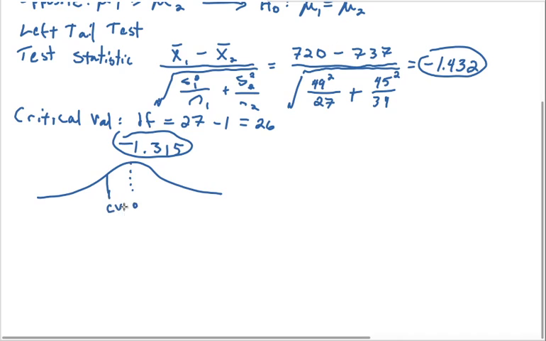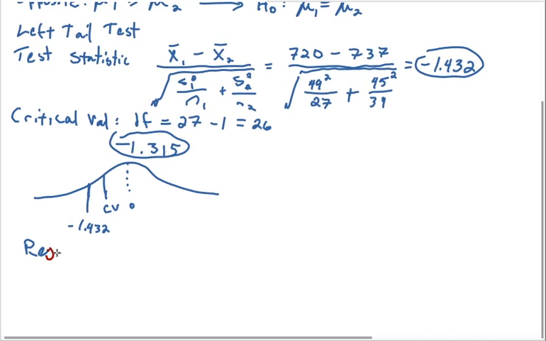So my critical value, negative 1.315, would be here. My test statistic, negative 1.432, is further into the left tail. So that tells me to reject the null hypothesis.